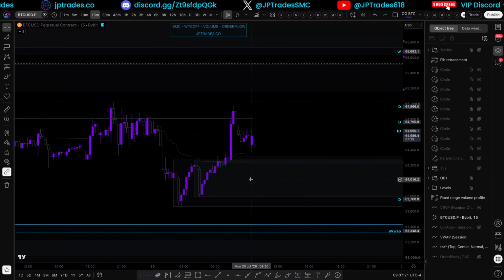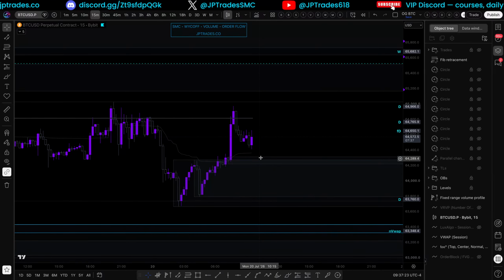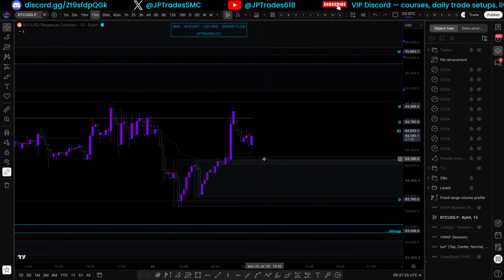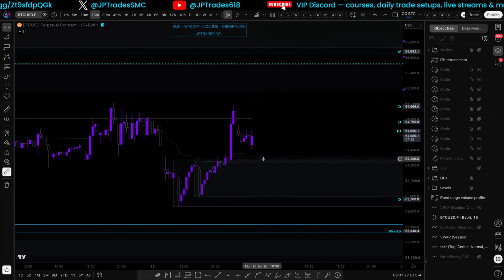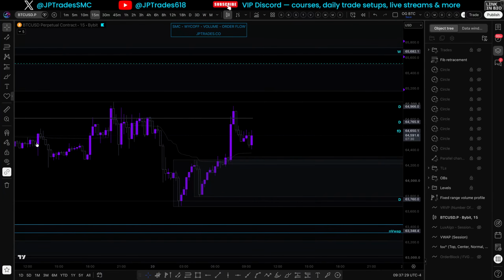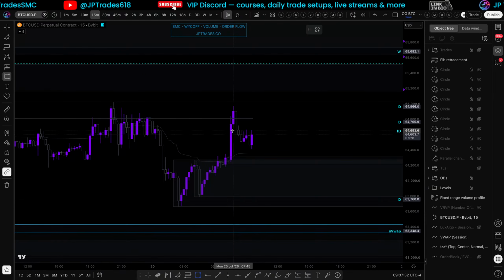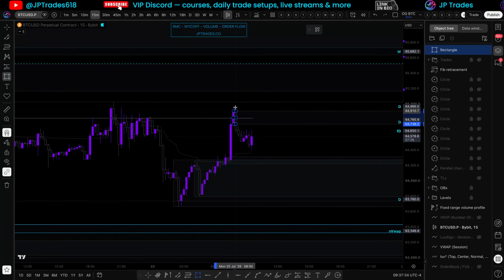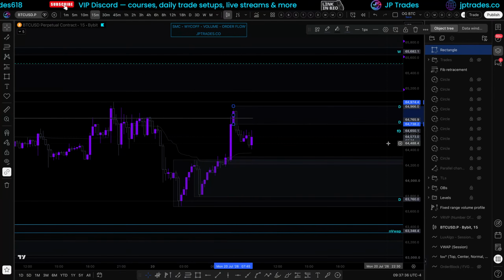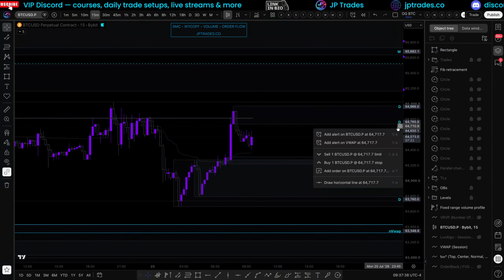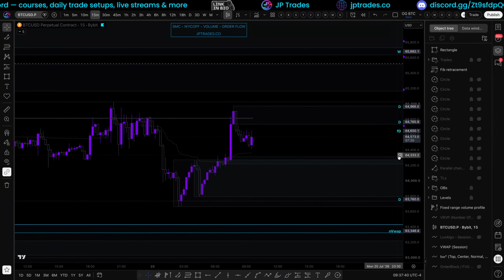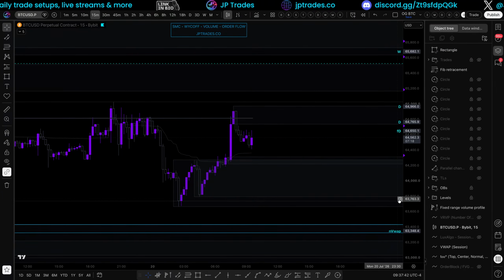We have 3 stacked order blocks here. That would be my first long setup, and that's probably going to be the setup that we're going to be dealing with first. Potentially also having a 15-minute order blocks of supply starting to form here as well. Going to set some alerts here.